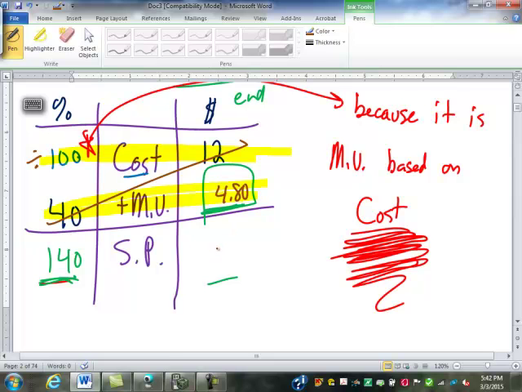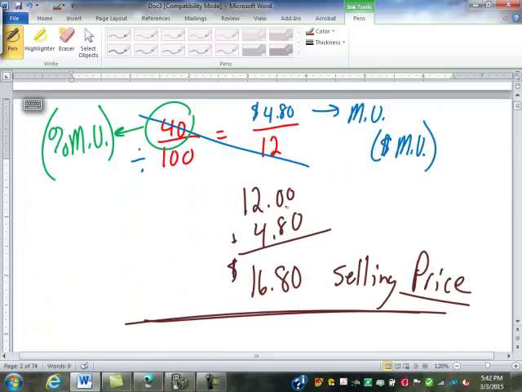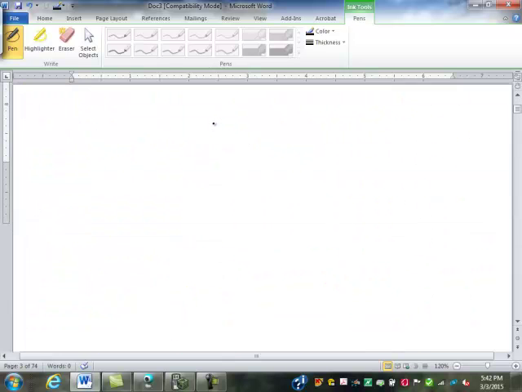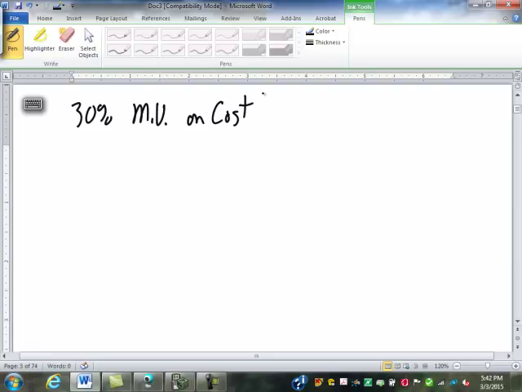Now you might be looking at this thinking, why do I want to remember a silly table like this when I could have just done this basic percent calculation and added it on? Well, let me show you. Let's say that we have a 30% markup on cost, and we know that the selling price is $26.